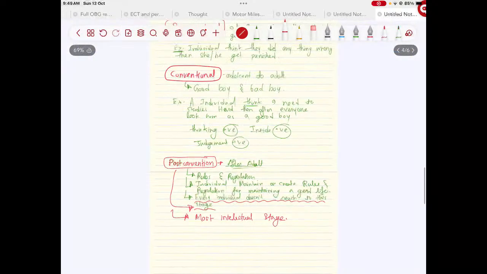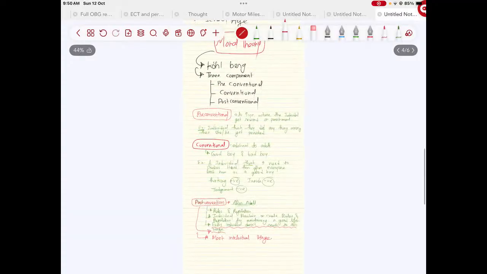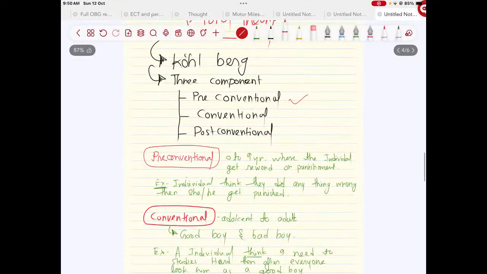So these are the things of the moral theory of Kohlberg. They give three components: pre-conventional, conventional, post-conventional. In pre-conventional, the patient talks about reward and punishment.